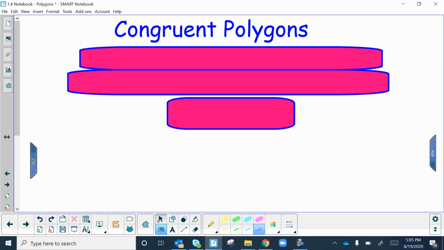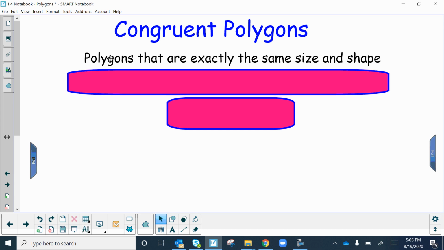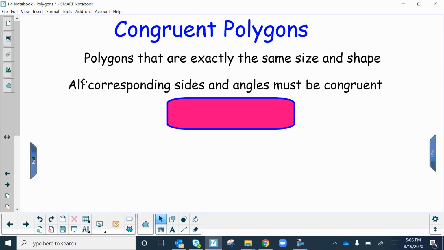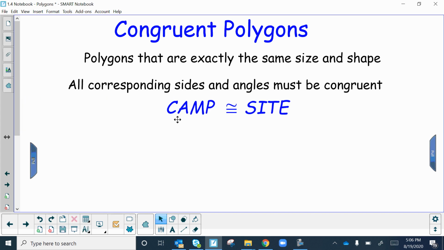Congruent polygons is the word congruent again. Remember, it represents polygons that are the exact same shape and the exact same size. All corresponding sides and angles must be congruent. That's what declares a congruent polygon. And so here you have polygon CAMP being congruent to polygon SITE.